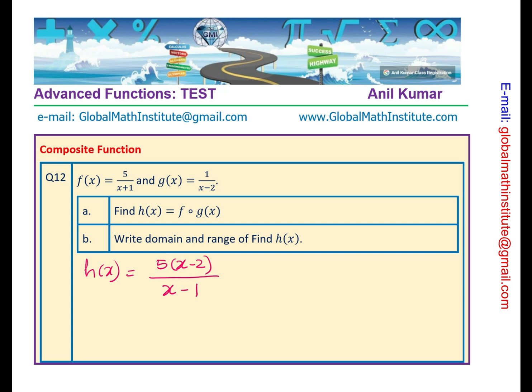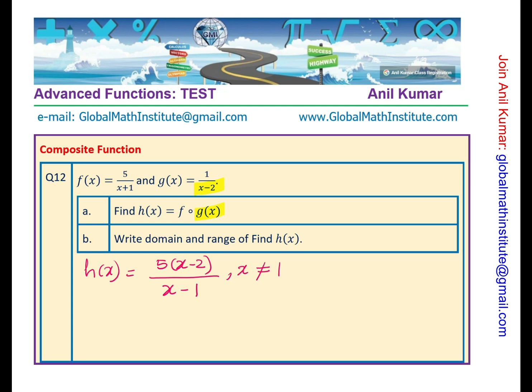So clearly from here, you do see that x cannot be equal to 1. Right? However, there is one more constraint on this. Since we are talking about f of g of x, and you see there's a restriction on g of x, g of x cannot be 2, right?